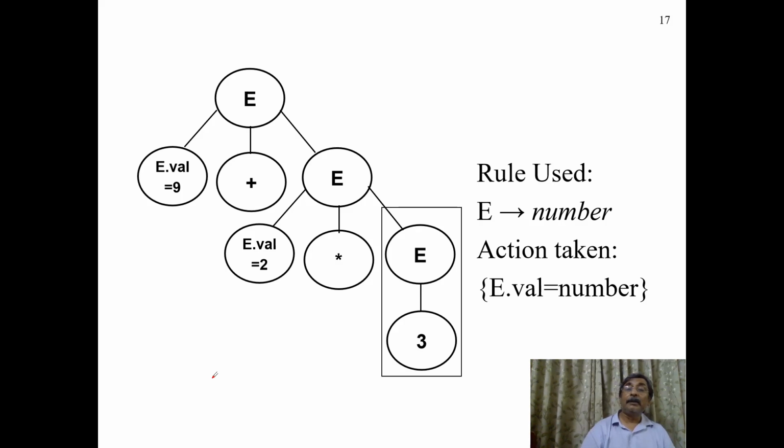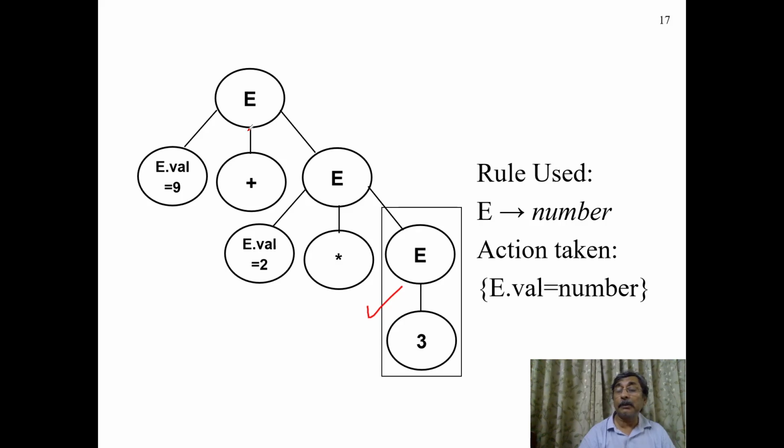Now the next reduction will be here, because again you look at the tree, and in order manner you'll find out that this is where the reduction can take place. It is very easy from the bottom. Look from left to right and you should be able to find out where the next reduction takes place. So again, the same action has to be taken.